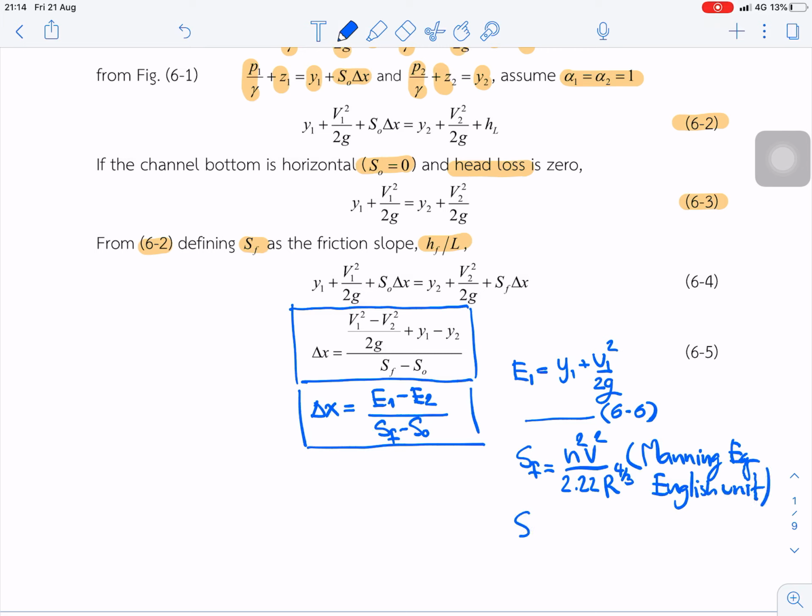And SF is also equal to f v squared over 2g, and this one is from the Darcy-Weisbach equation, but normally we use it to explain flow in a pipe.